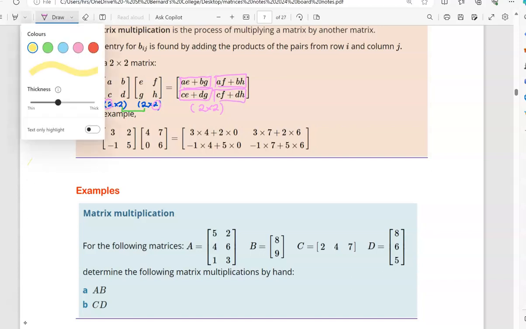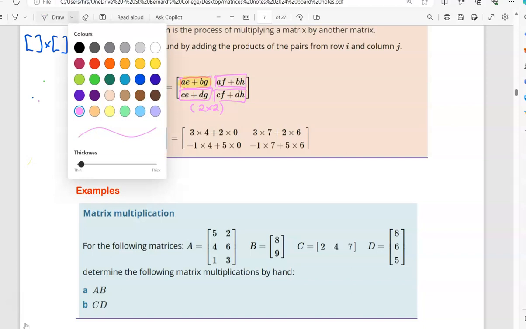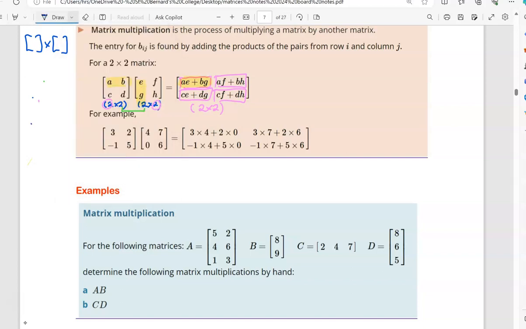So we also looked at how we sort of run and dive. So this first element is found by multiplying these 2 numbers with these 2 numbers in this column. So the first row in the first column. So remember what I said, look at what you're in.